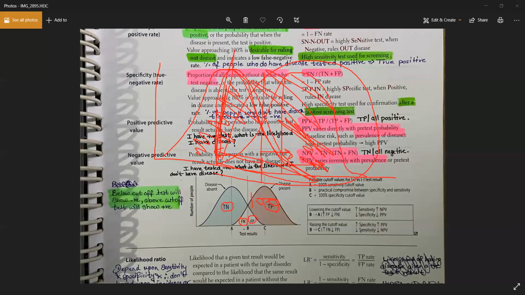See, in this case, if I decrease the cutoff value from here to here, then I'm increasing the chances of detecting every individual with the disease. But at the same time, I'm also increasing the false positive rate. As you can see, this is all the false positive rate, which is very much increased, right?